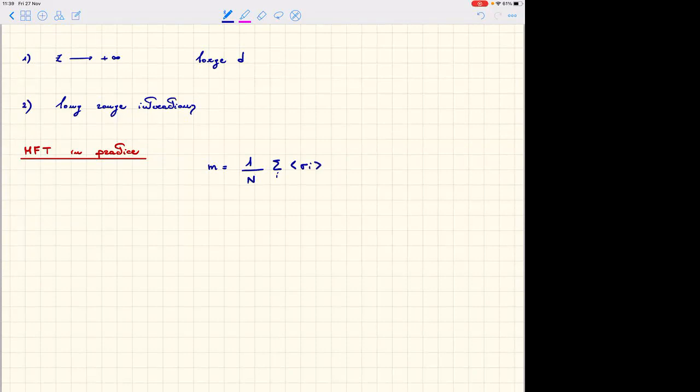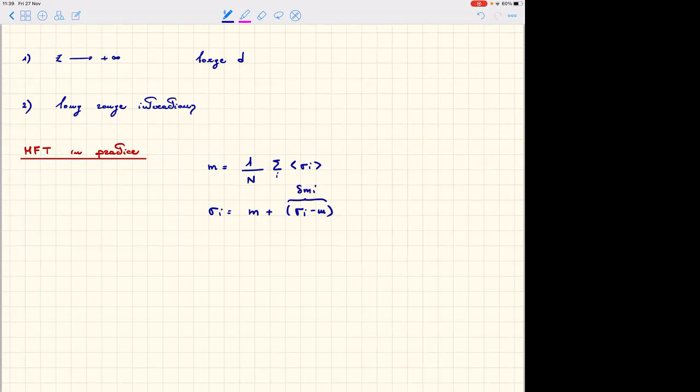And then, for each sigma I, you rewrite it in the following way as M plus sigma I minus M. So it's equal to an average value plus some fluctuations, delta Mi.